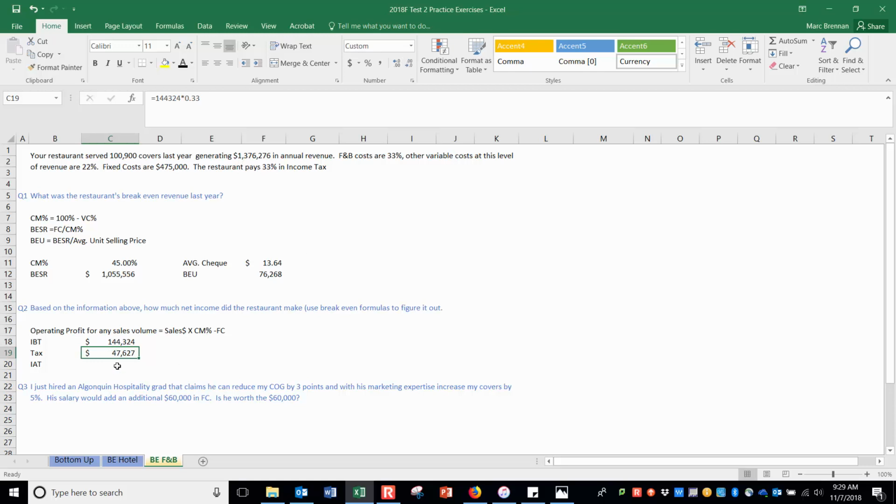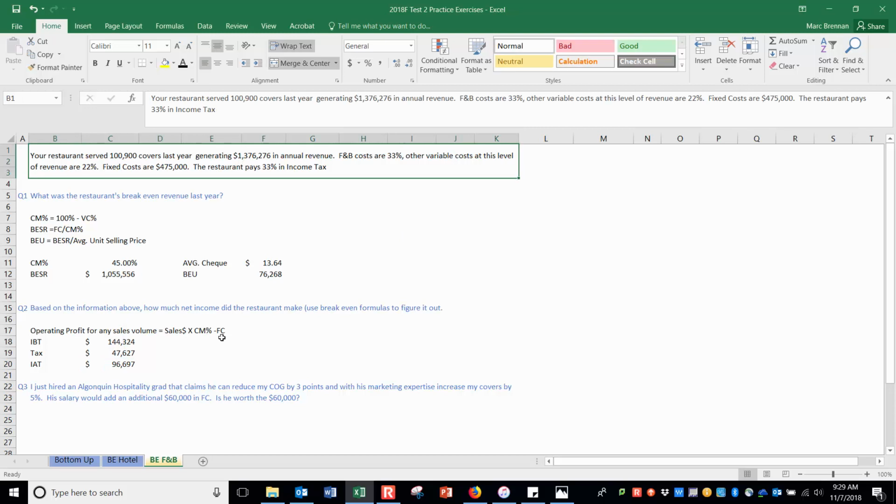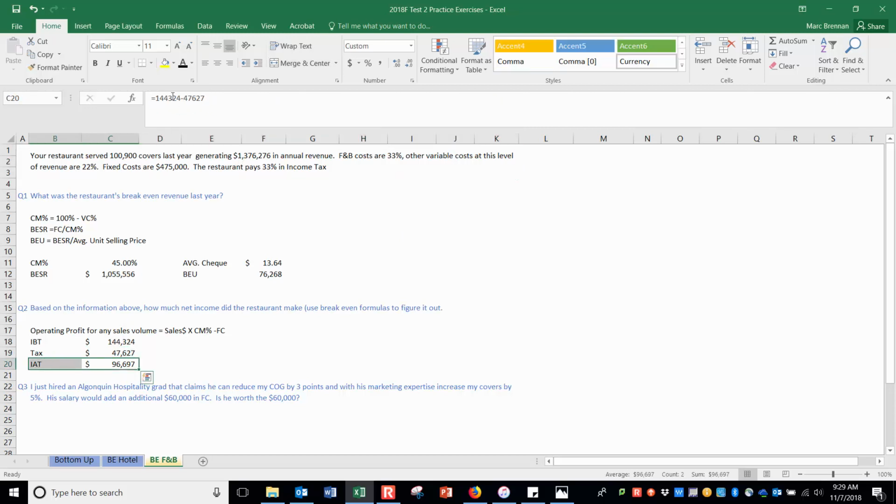And then if I simply go $144,324 minus my taxes, that means based on this information, I made this much net income last year. That's what the restaurant made last year. And for this question, it was asking for the break-even sales revenue.